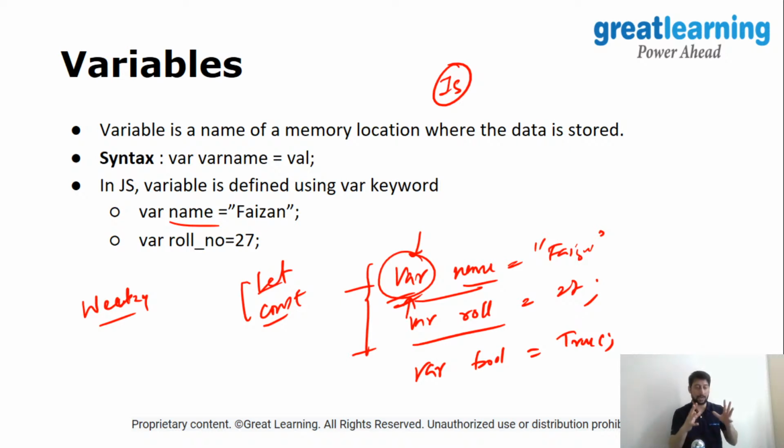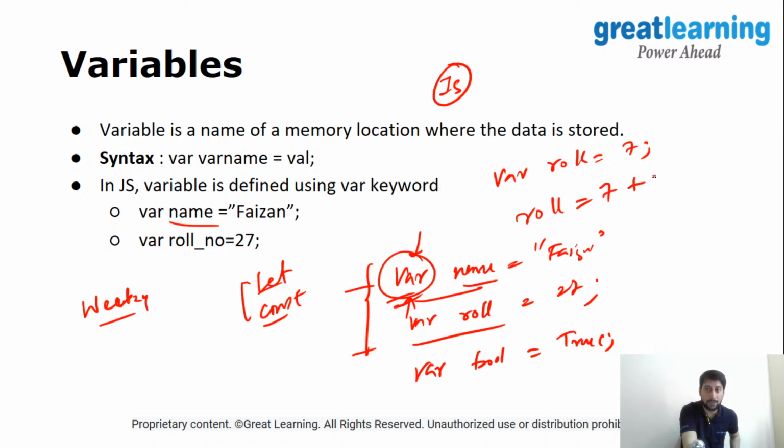So JavaScript is also a weakly typed language. Now what do you mean by weakly typed language? A language is weakly typed when one type can be converted into another type. Let me take an example. Let's suppose you have var roll number, and you wrote 7. Next time you wrote roll number equal to 7 plus a string. Is it possible in other languages?